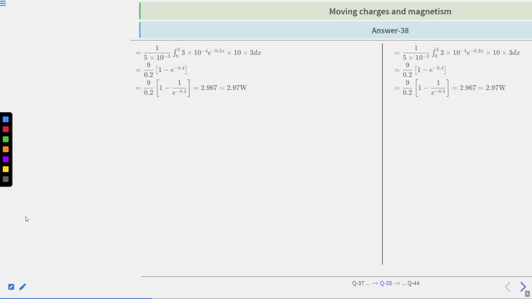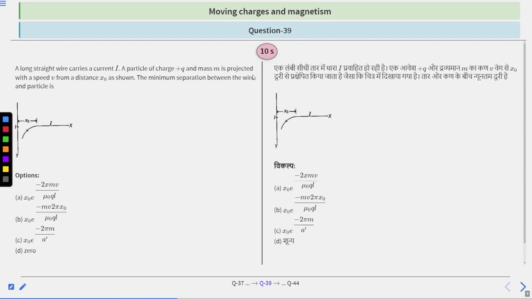Next question. Question 39. A long straight wire carries a current I. A particle of charge plus Q and mass M is projected with a speed V from distance x naught, as shown here.